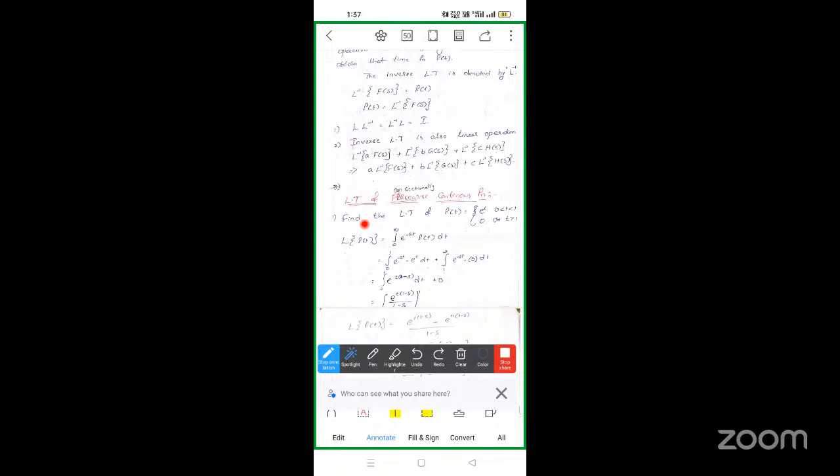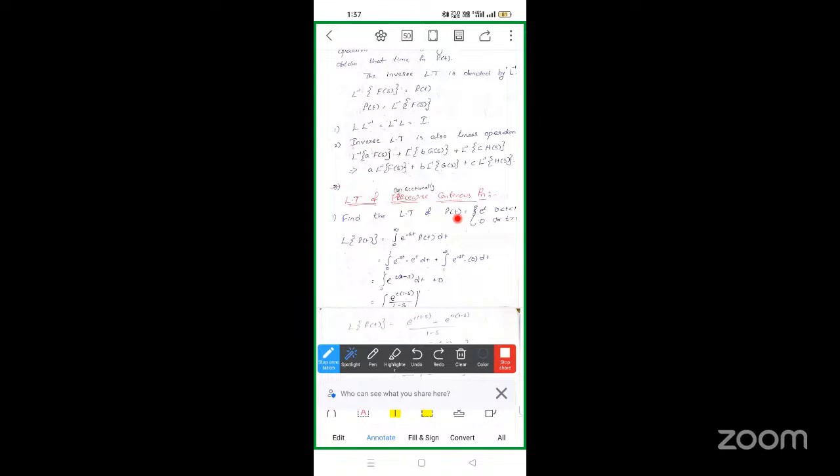Find the Laplace transform of f of t, where the function f of t is equal to e to the power t for t in the open interval 0 to 1, and 0 for t outside this interval.